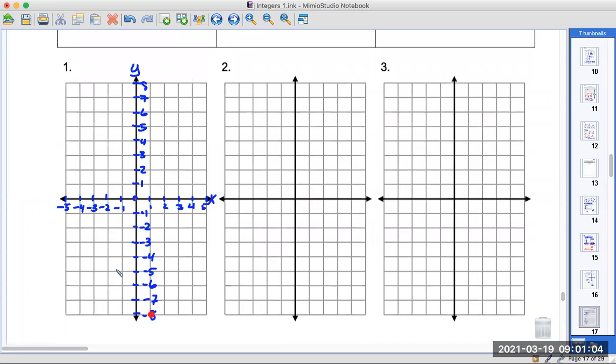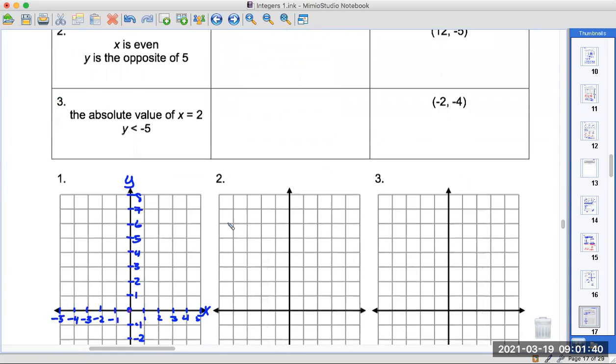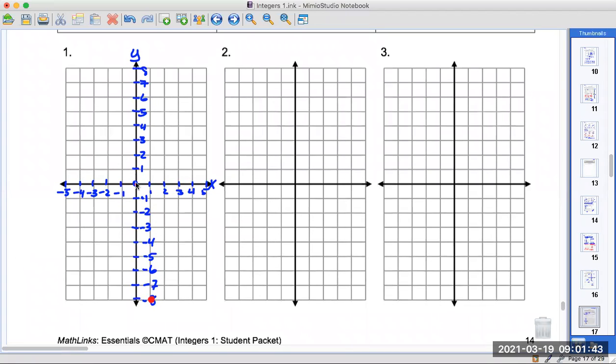So that fits. Okay, let's look at another pair that I can come up with. X cannot be 0. Let's make x 2. And y has to be less than negative 7. Well, I can't use negative 9 because that won't fit, right? I'm only going to 8 on my y-axis. So it has to be negative 8 again. So that's as far as I can go. So 2, negative 8. Start at 0, 0, move to 2 and down to negative 8.